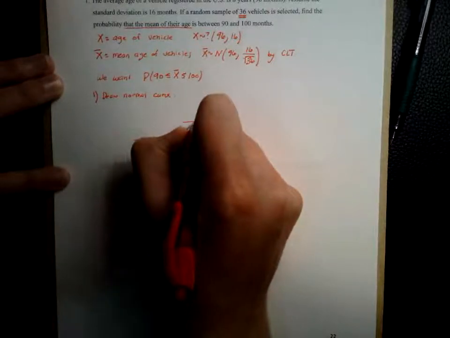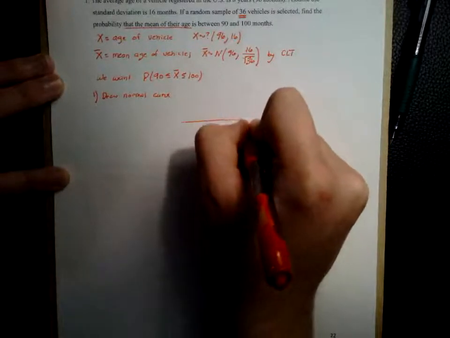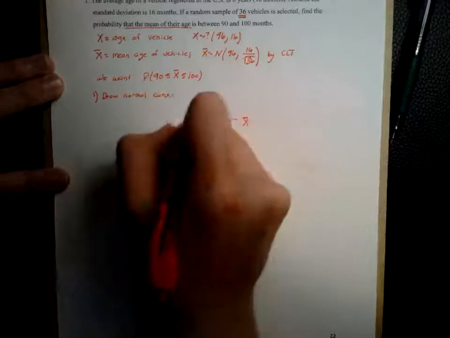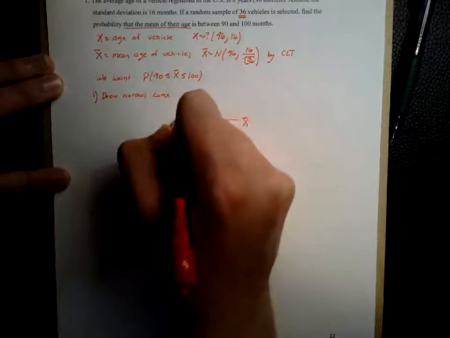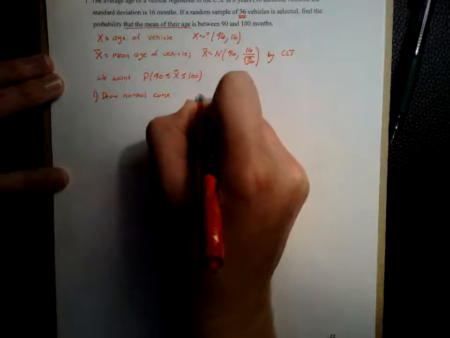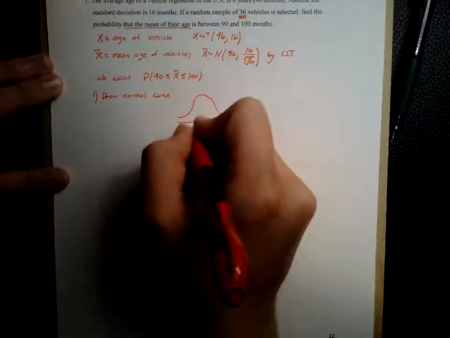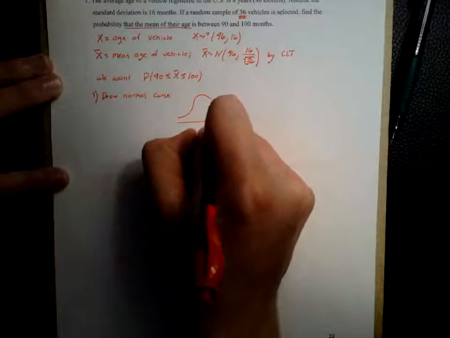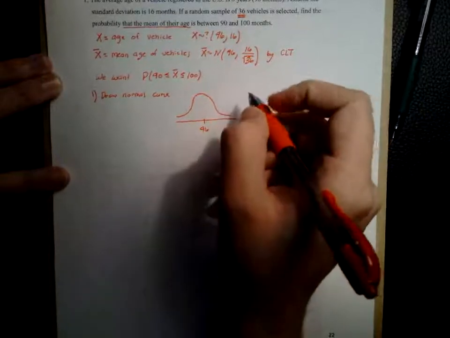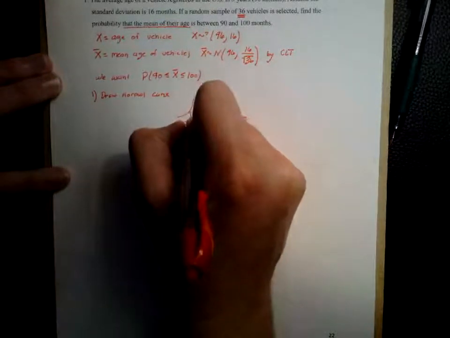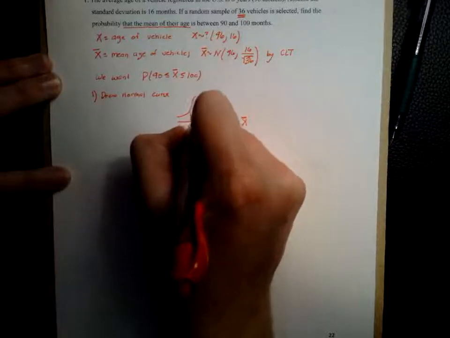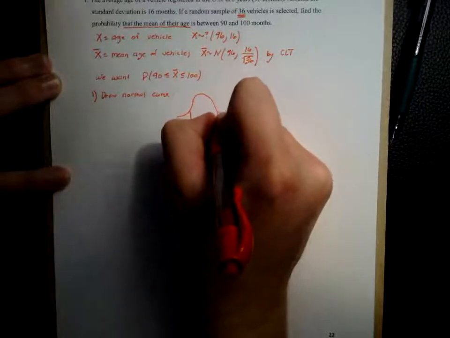If we do that, we have x bar, so the distribution of our sample means is approximately normal, so it has a bell shape. It has a mean in the middle of 96. And we're interested in the probability of it falling between 90 and 100.